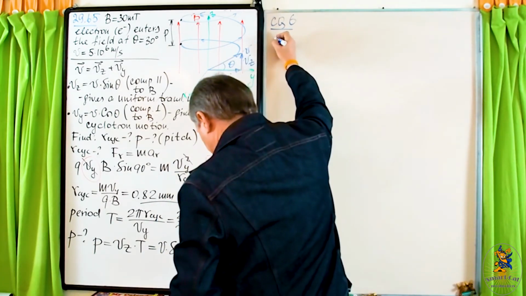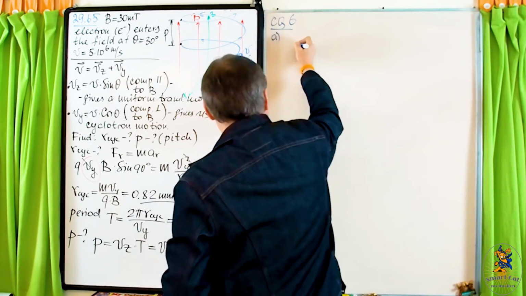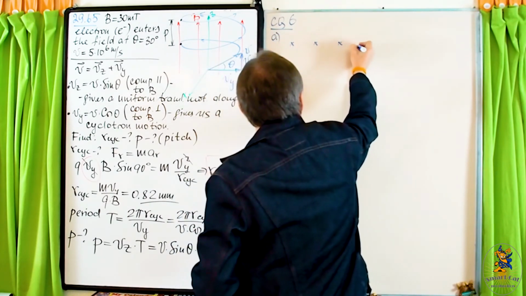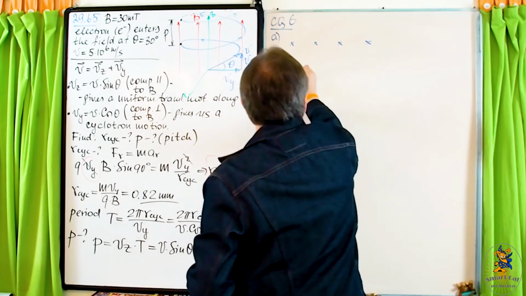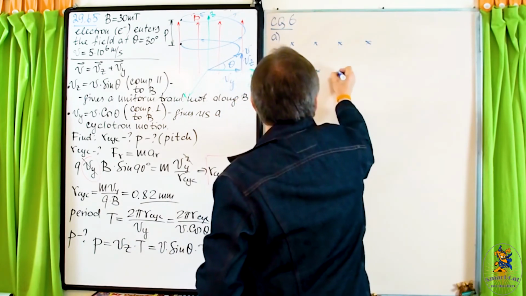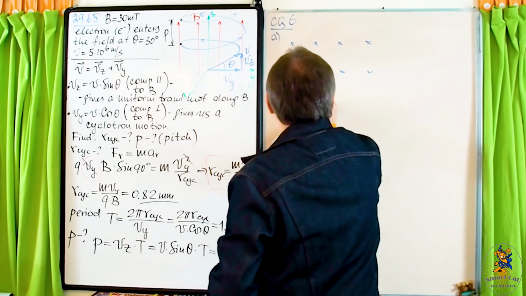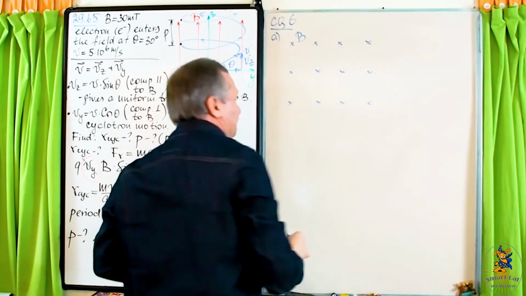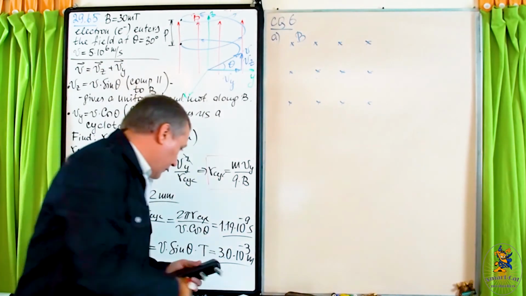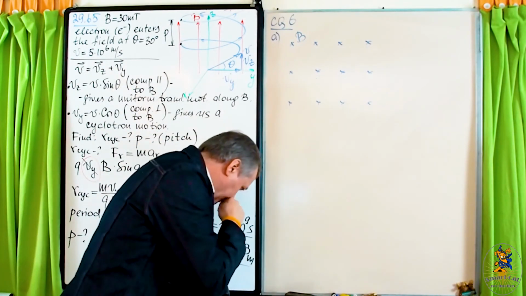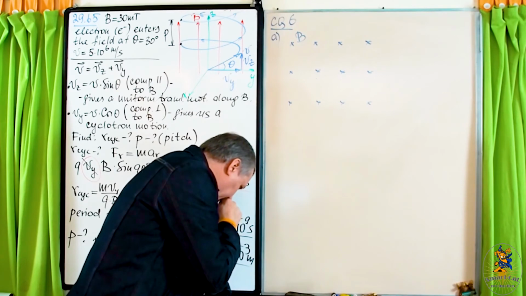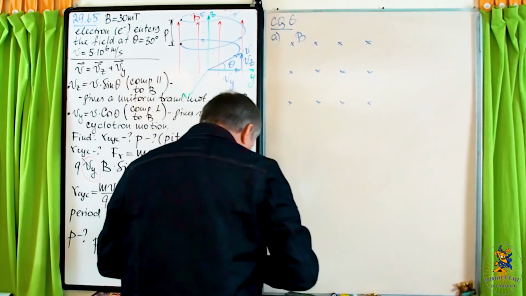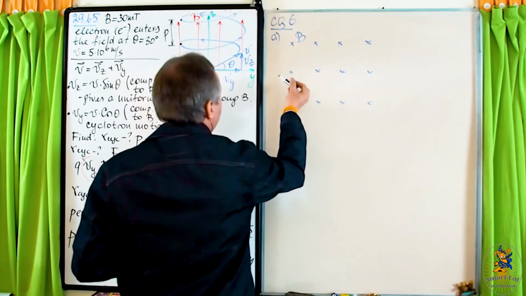Okay, so let's assume that we have a magnetic field. It's part A. So magnetic field lines into the board. Okay, so that's B. Then a positive particle, for example a proton, enters these magnetic field lines.